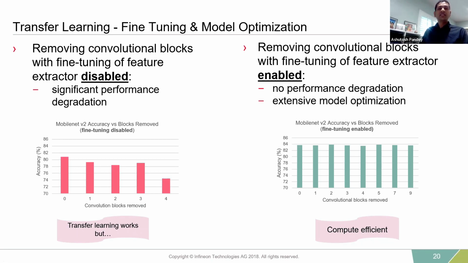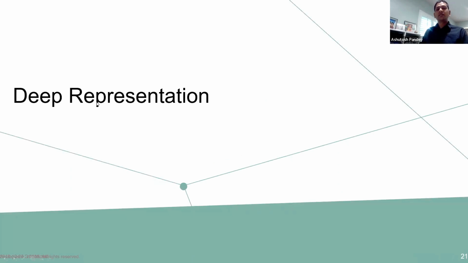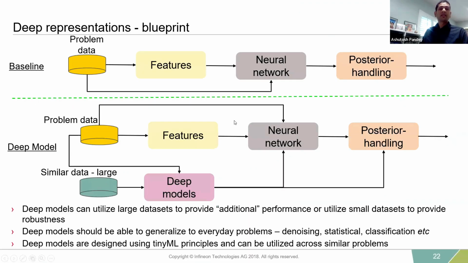So hopefully this sets the background for deep representation, a method that can help alleviate some of the pain of creating this holistic data set while keeping the benefits of tinyML compute efficiency.